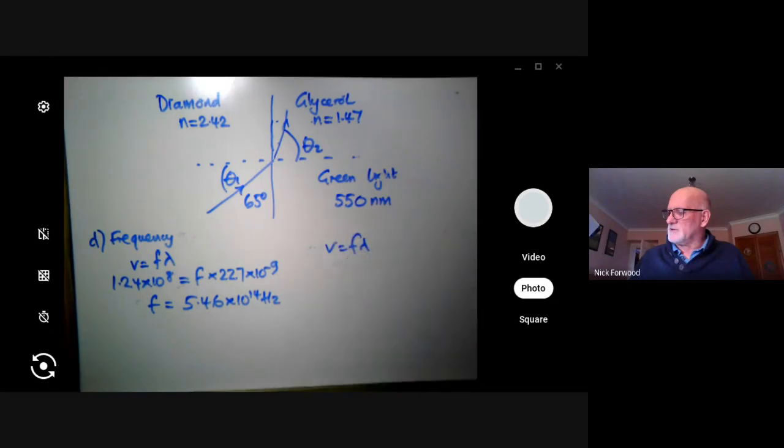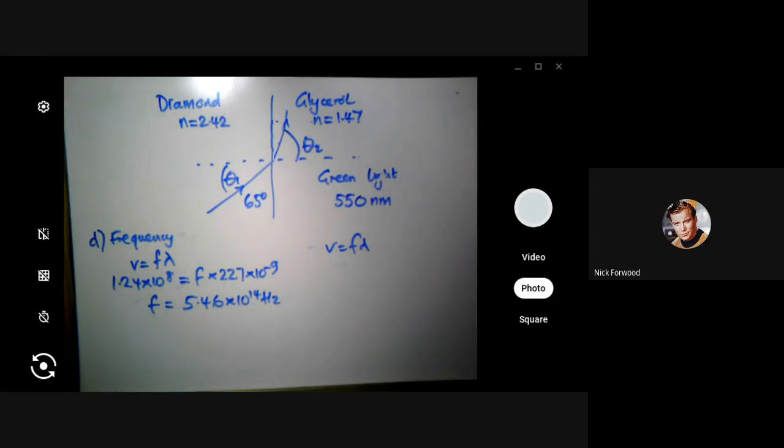We're going to get our glycerol speed, which is 2.04 times 10 to the power of 8, is equal to F times whatever we got before, 374 times 10 to the power of 9.